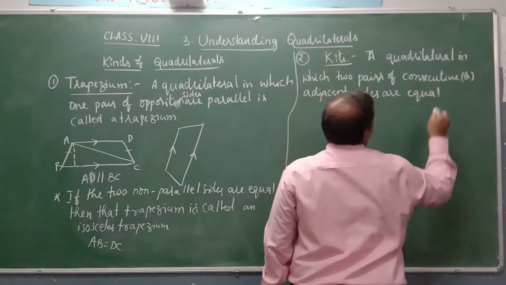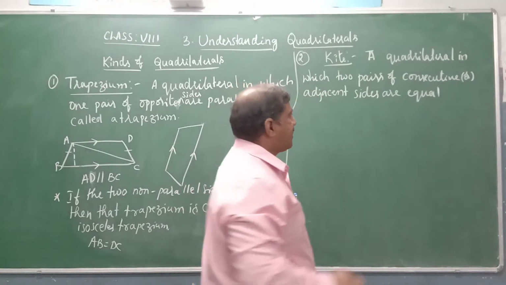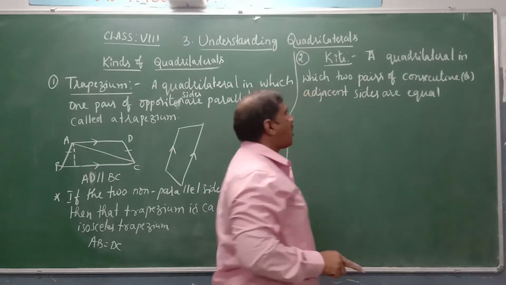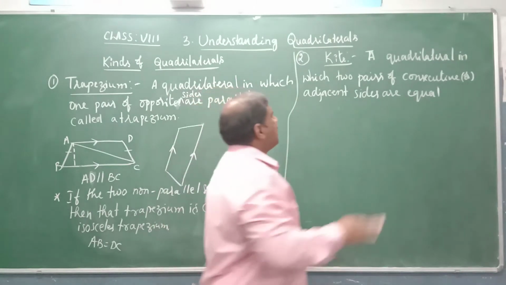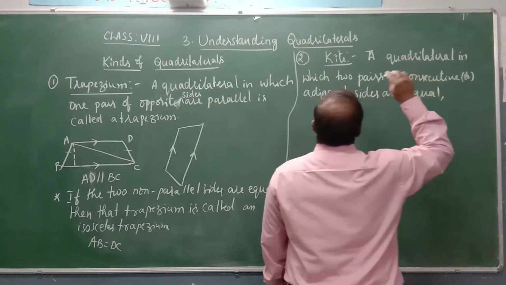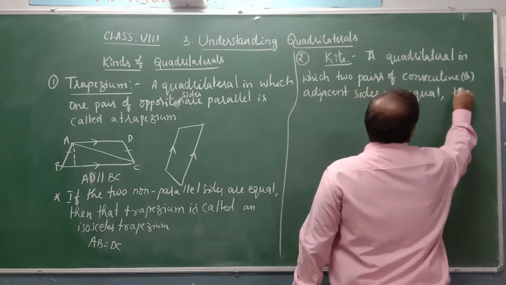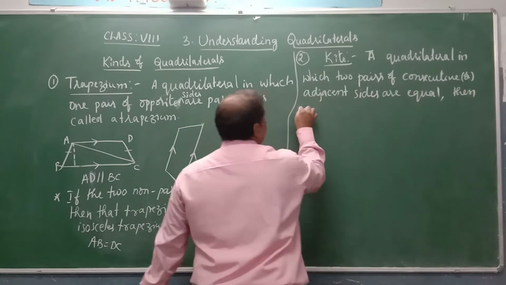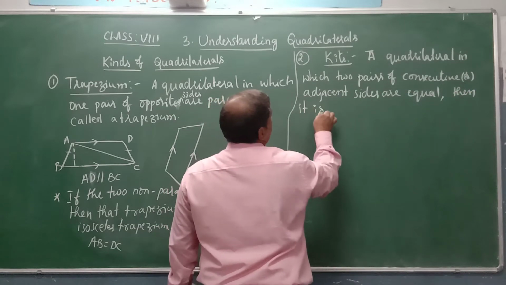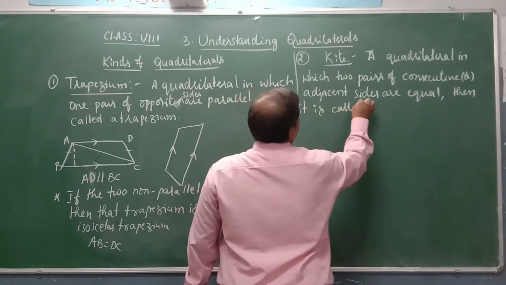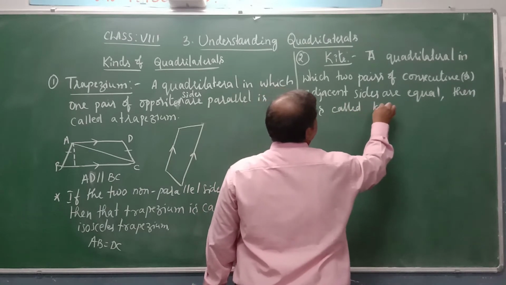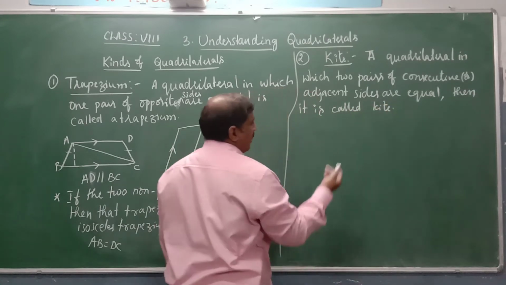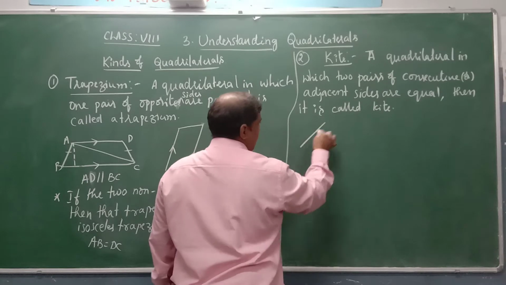If two pairs of adjacent sides are equal, then that quadrilateral is called a kite. Here is a diagram of a kite.